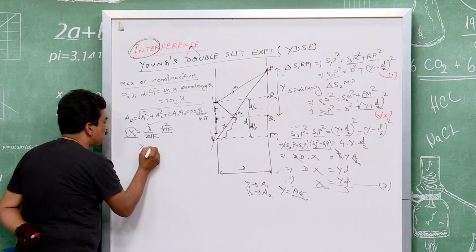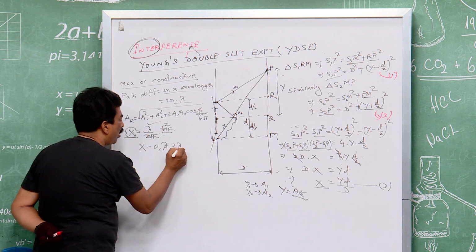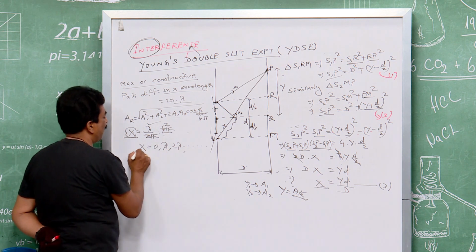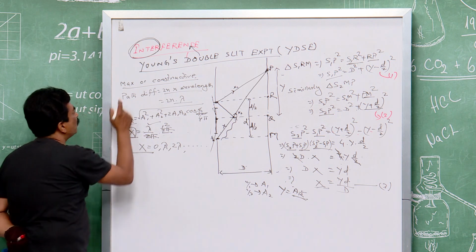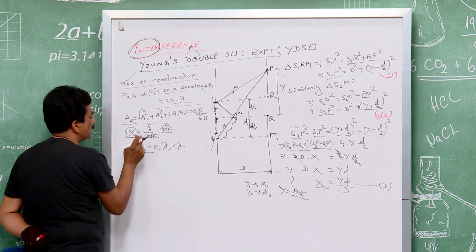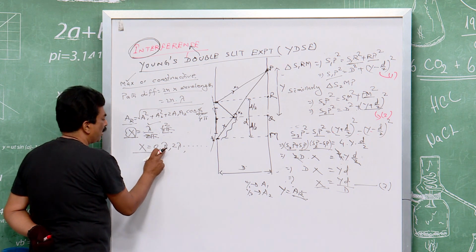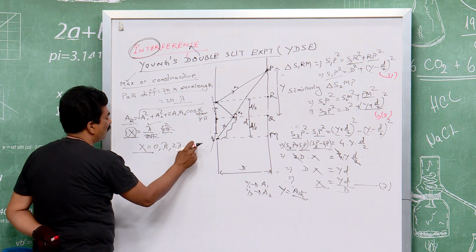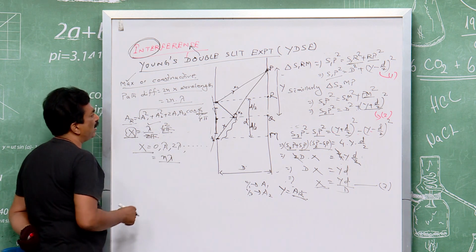So when x is equal to 0 or lambda or 2 lambda etc., the value of the resultant amplitude is maximum, and that corresponds to the maximum case. So for the maximum case, the path difference is either 0 or lambda or 2 lambda, 3 lambda, 4 lambda etc., that you can say is equal to n lambda.